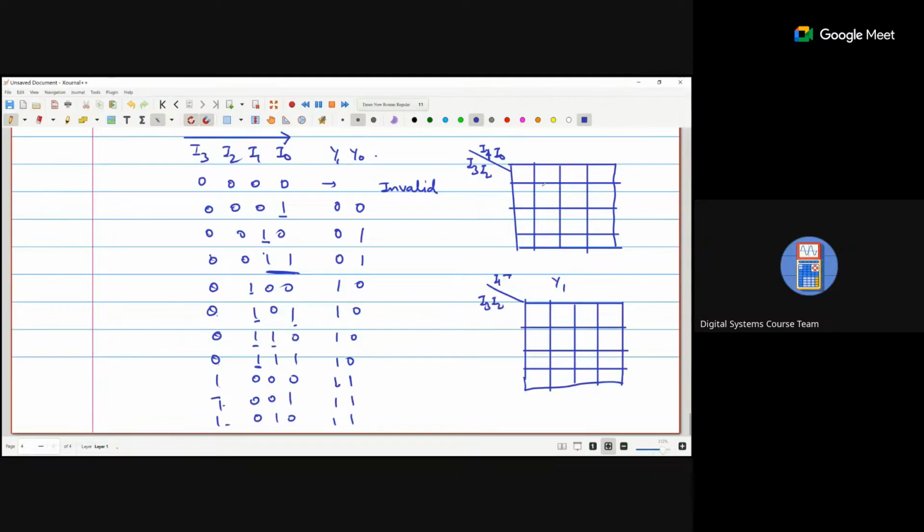I3, I2, I1, I0. Okay, now when y naught is 1, the first condition when all are 0, so it is an invalid condition.